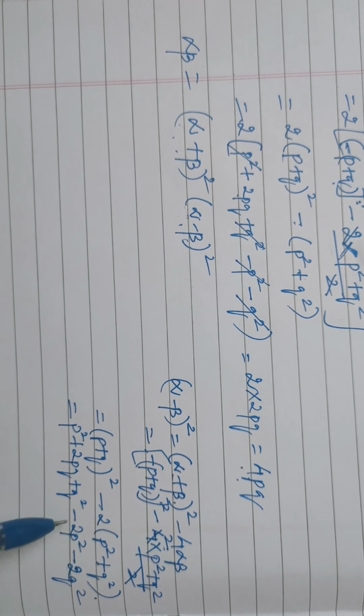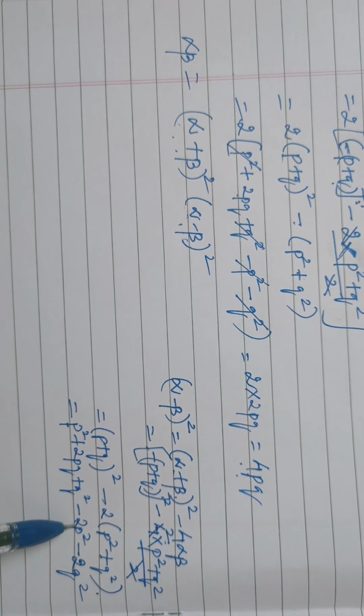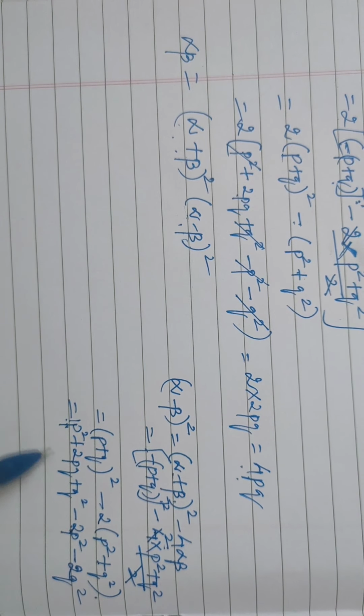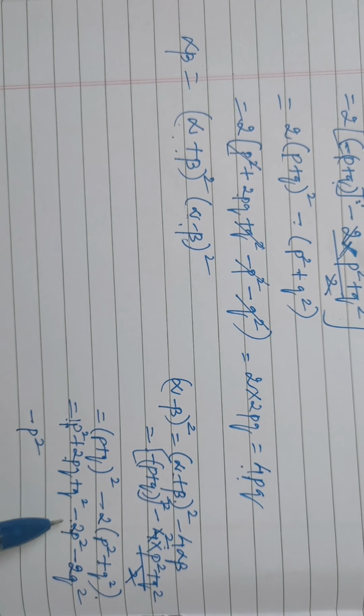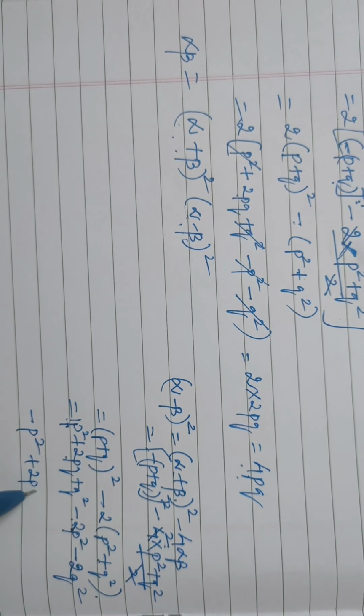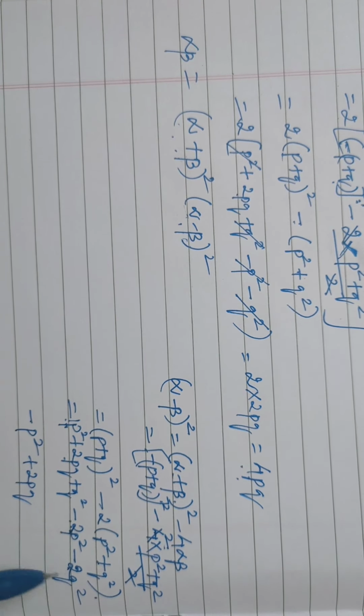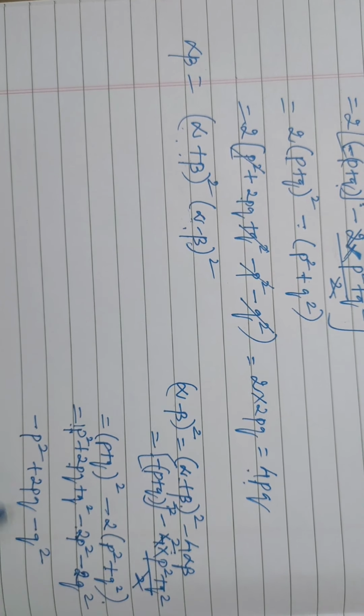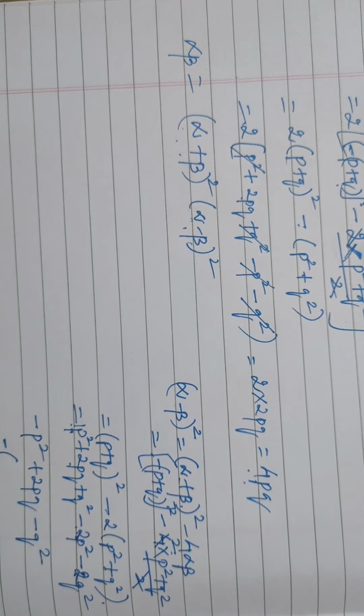So what all do we have? This is 2. These are like terms. So p square, that is 1 here. 2 minus 1, 1 p square, but 2 is bigger, so minus p square plus 2pq. Okay. And plus q square minus q square becomes minus q square here, because 2 is bigger. Now I can take a minus outside.